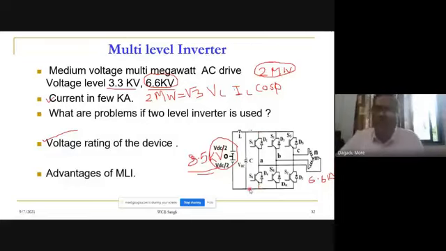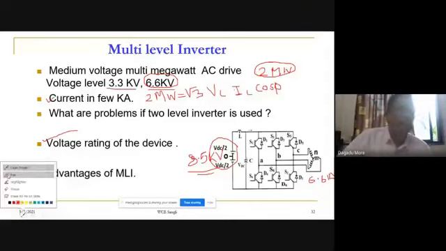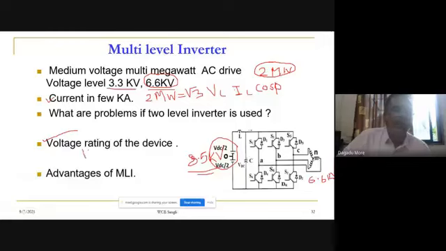Then the voltage rating of the device is 2 times, so almost 17 kV. For a 6.6 kV drive, we require a 17 kV voltage rating.